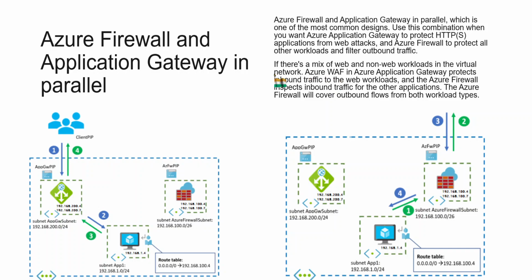So it's a mixture. If there is a mixture of an environment where there are web applications and non-web workloads, the Azure WAF will protect the inbound traffic to the web workloads, and the Azure firewall will inspect the inbound traffic for other applications, and the Azure firewall will cover the outbound flows from both workloads.